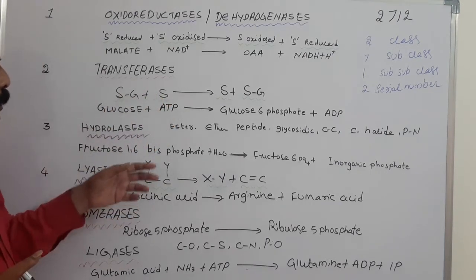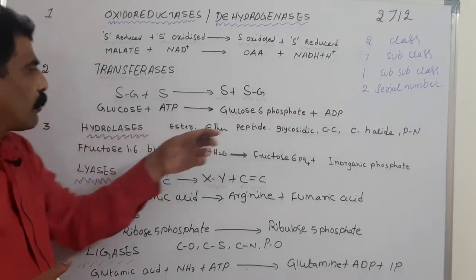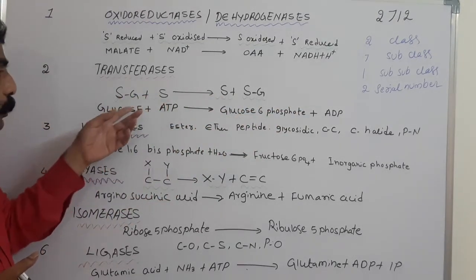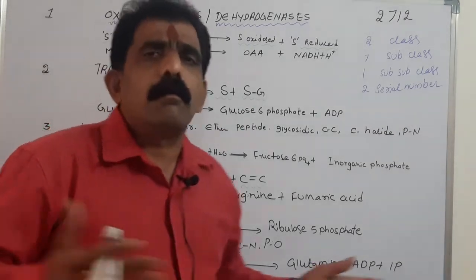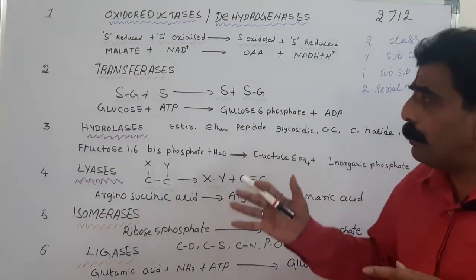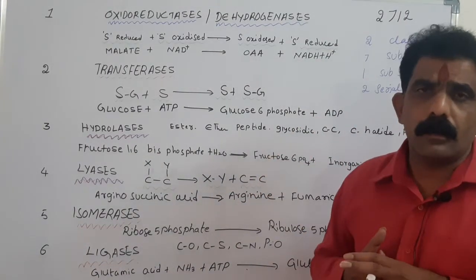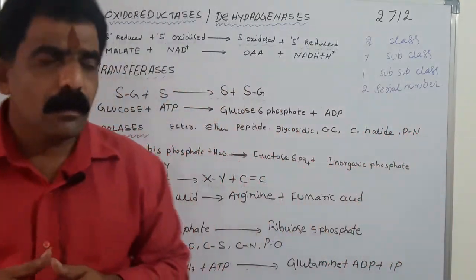So ATP becomes a normal substrate like ADP, and the normal substrate glucose becomes glucose 6-phosphate. So here the phosphate group is transferred from ATP to glucose. Hence, glucose 6-phosphate is formed.